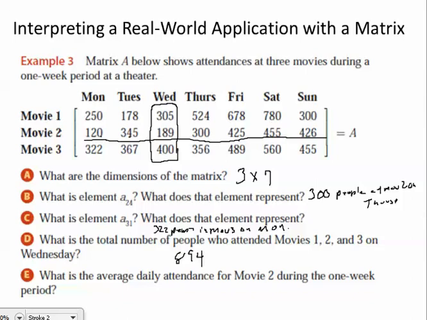I'm going to divide that by 7, and I get 322.85, or 323 people.